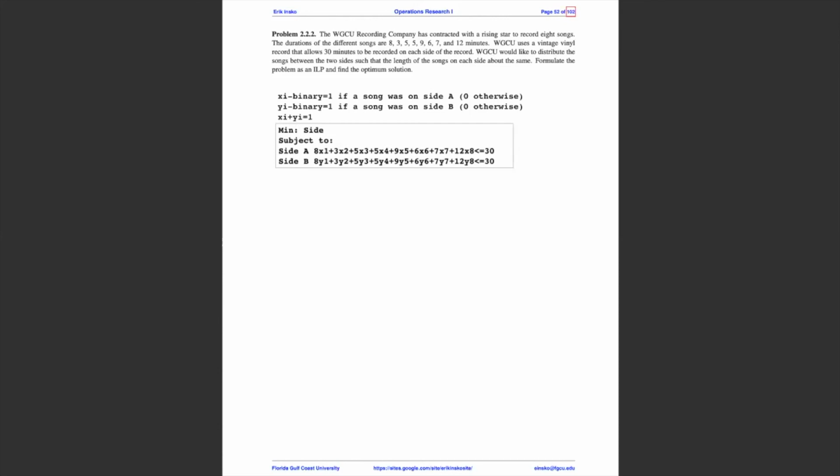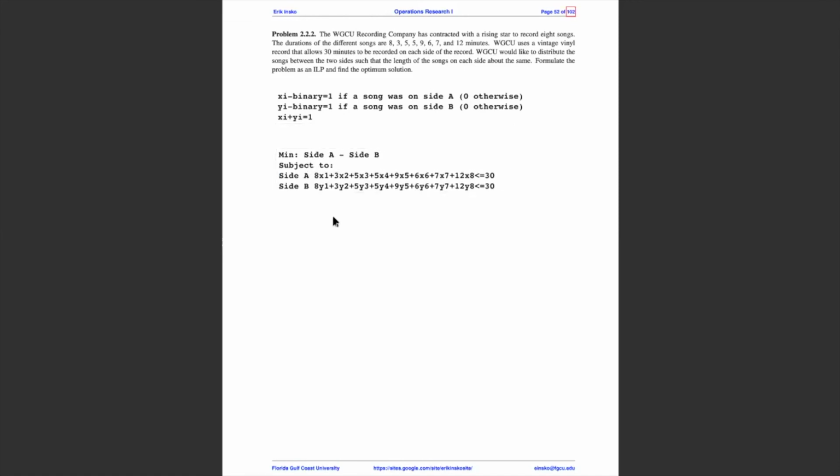However, Excel does not support the absolute value function, so we don't know if side A is bigger than side B or the other way around. But we can assume that side A is bigger than side B, and then we can eliminate the use of the absolute value, just because we cannot plug it into Excel Solver.